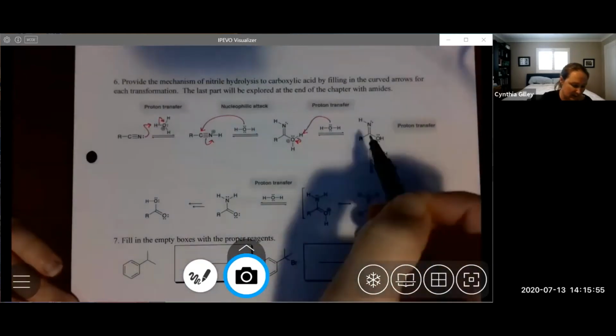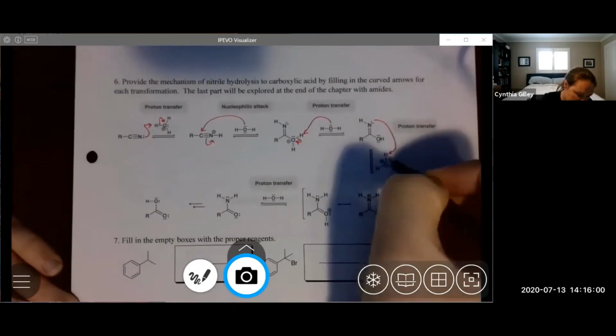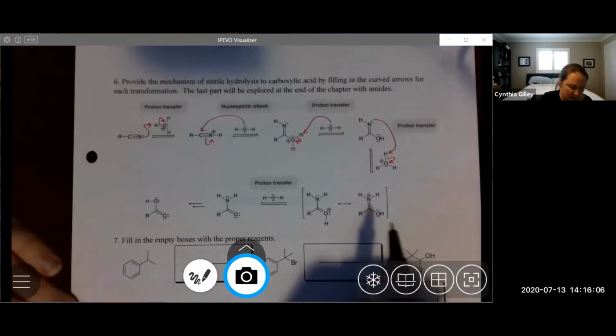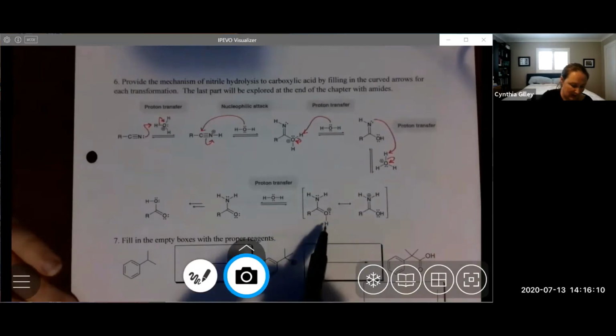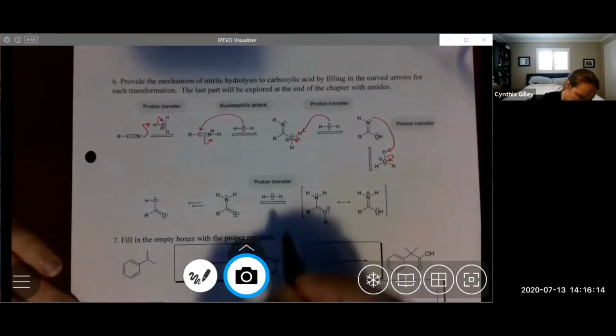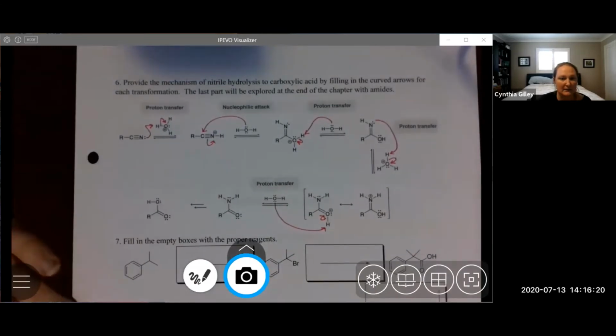Deprotonate to get something neutral, and then we'll be able to reprotonate somewhere else in the molecule, and then only have 1 positive charge. This is showing the 2 resonance contributors, and this one looks a lot more like the product. And so all we need to do is do a deprotonation to get to the amide.